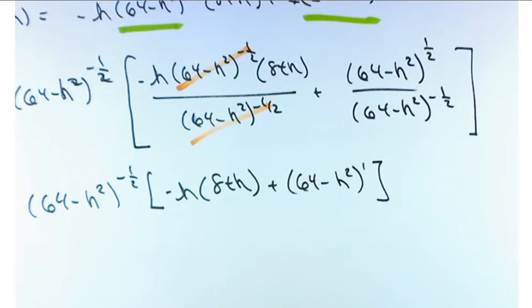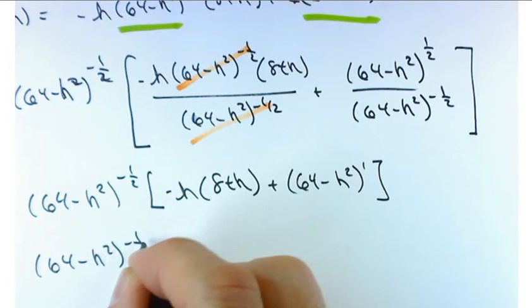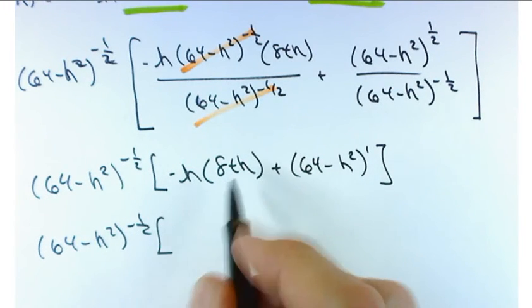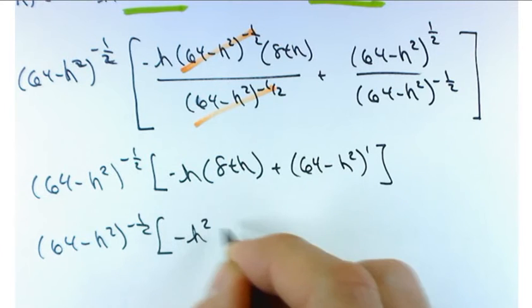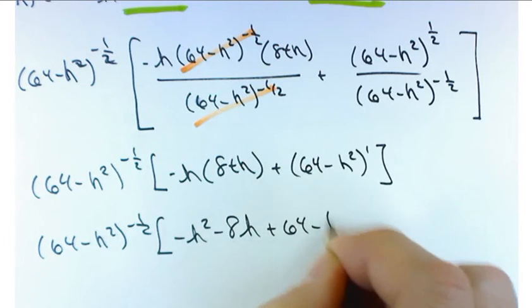Okay, so let's clean this up and see what we can come up with. 64 minus h squared to the minus 1/2. Let's see. Distribute that. That's going to be minus h squared minus 8h plus 64 minus h squared again.